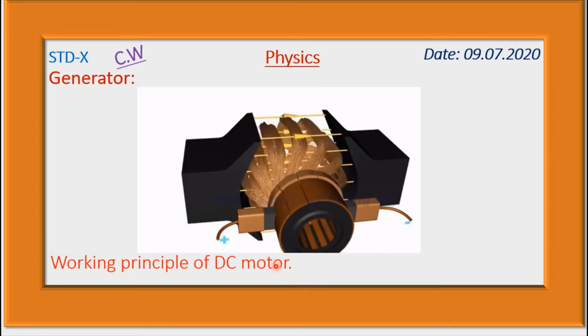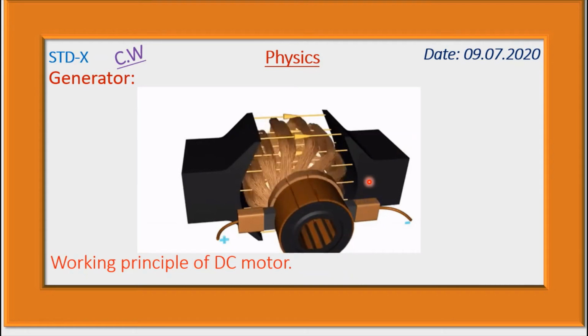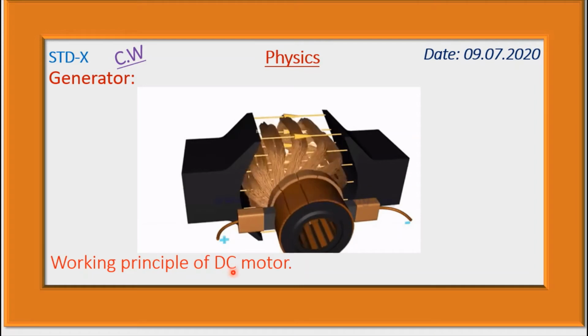That means DC motor and generator are reverse processes.